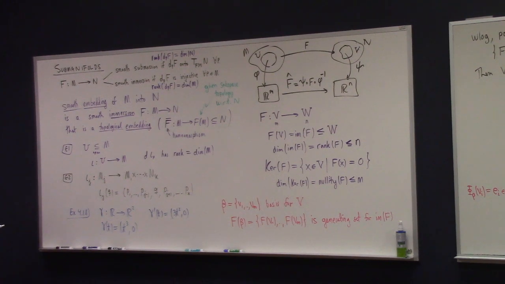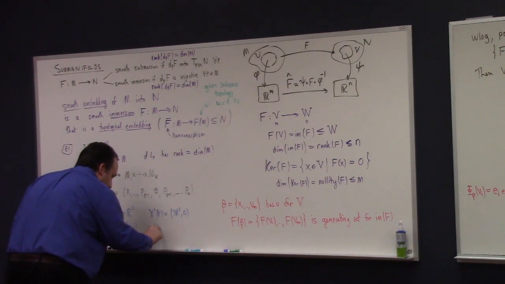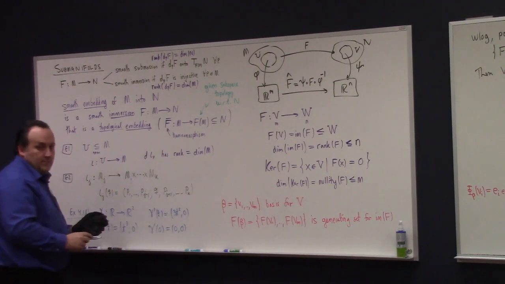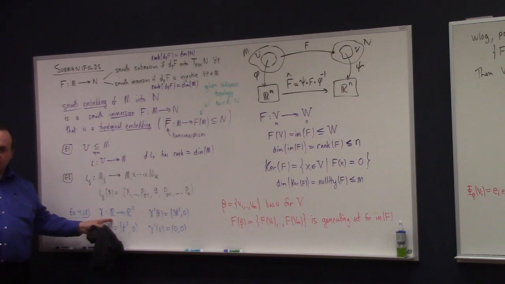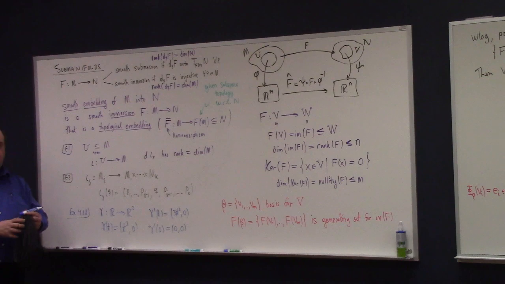Is that always rank 1? Yes, for t not equal to 0. But what about t equal to 0? Right there, the rank of the differential is 0, but the dimension of the domain is 1. We'd have to have rank 1 everywhere for this to be a smooth immersion. But it's not. So this is an example of something that's a topological embedding but nevertheless not a smooth embedding.